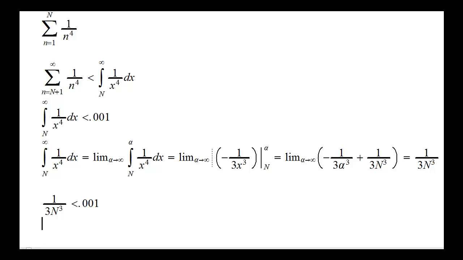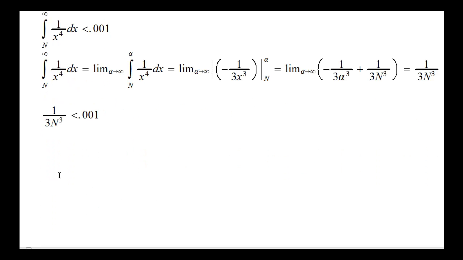Which means that 3n cubed is greater than how much? 1000, which is the reciprocal of 0.001.